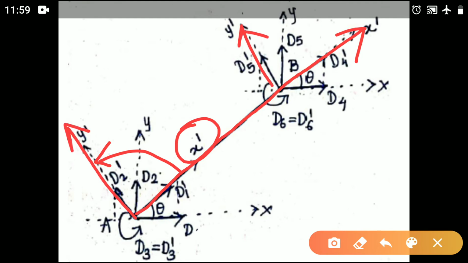For simplicity, both systems of axes are shown at node A, and similarly at B, x dash and y dash. Clear? The local axis passing through the member is x dash, and at 90 degrees in anti-clockwise direction the other axis is y dash.